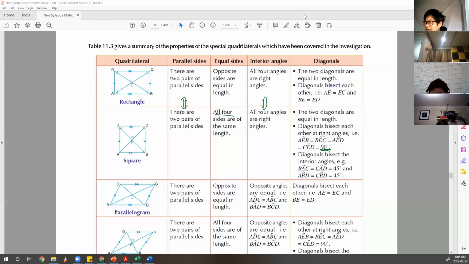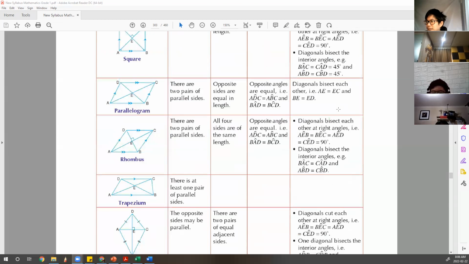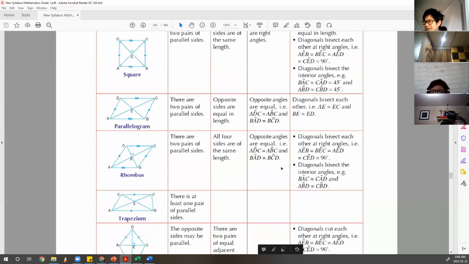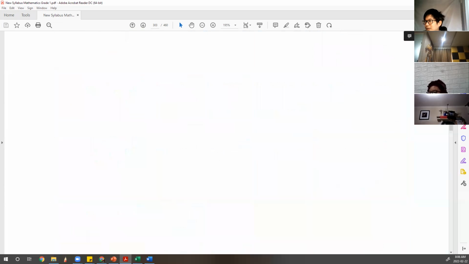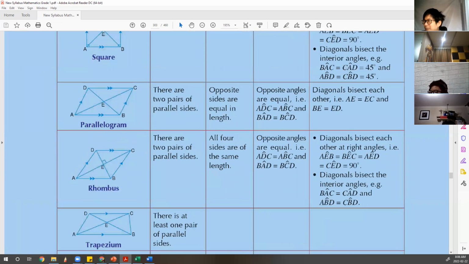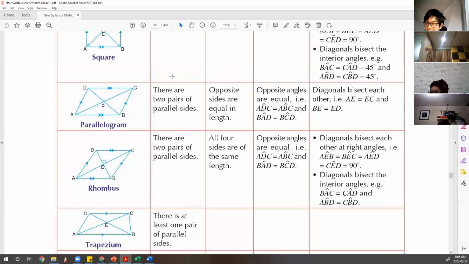Now let's go for parallelogram and rhombus. We compare two, it is better. Parallelogram is like a slanted rectangle: you pull the end of the point here, pull it to the left, and the rectangle becomes slanted.